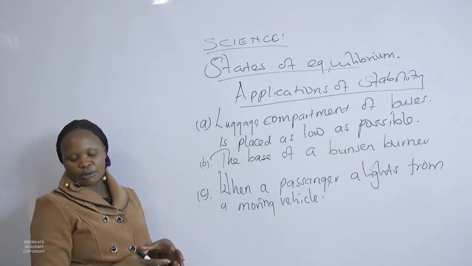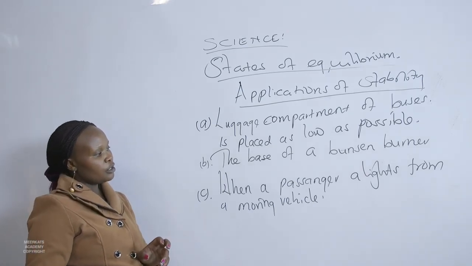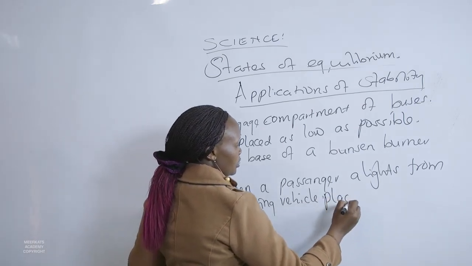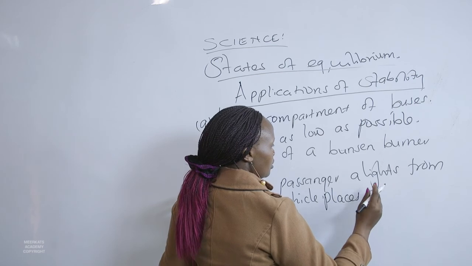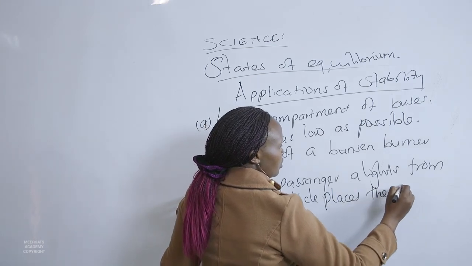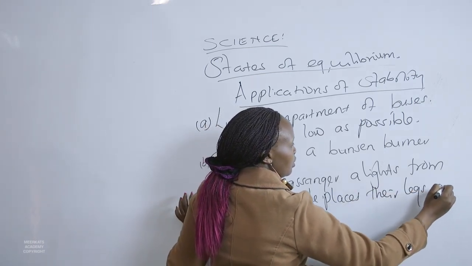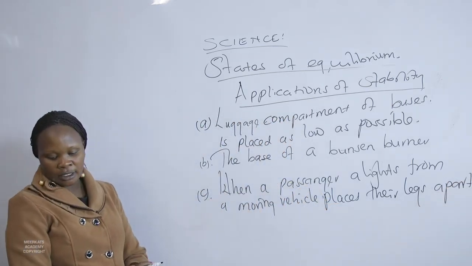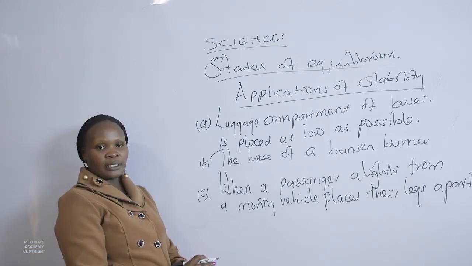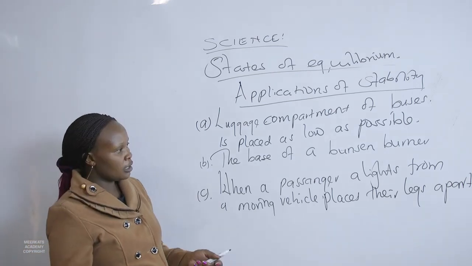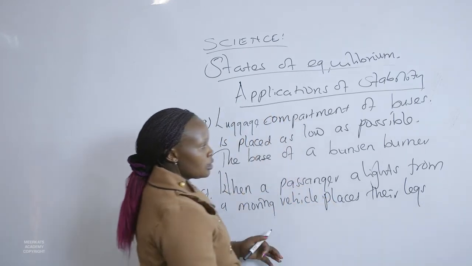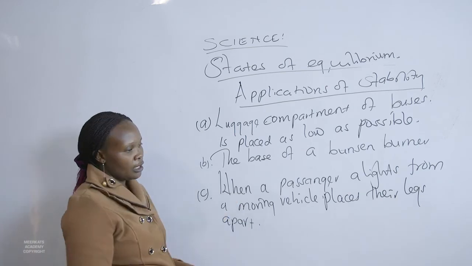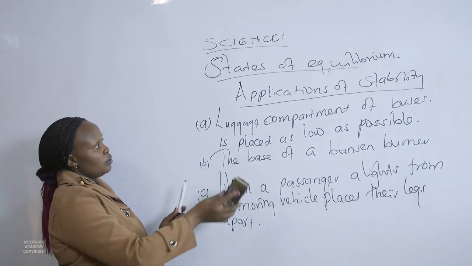When you alight from a moving vehicle, you cannot just alight and put your legs together. You have to put them apart to ensure that you are stable.